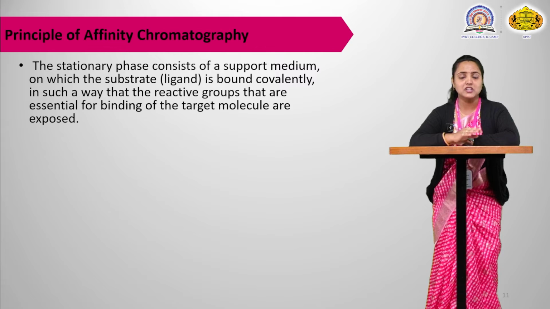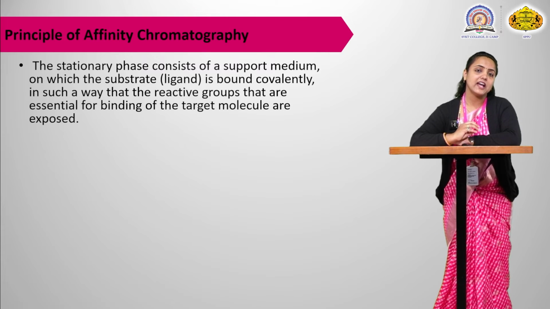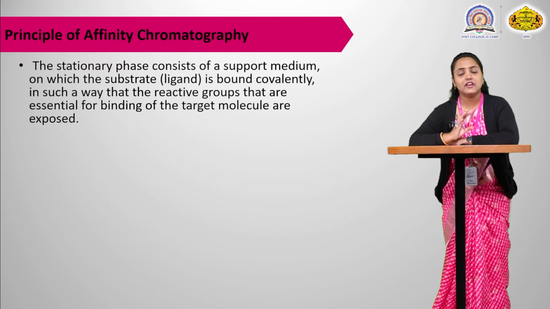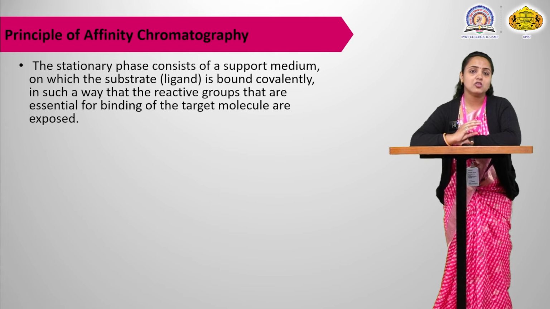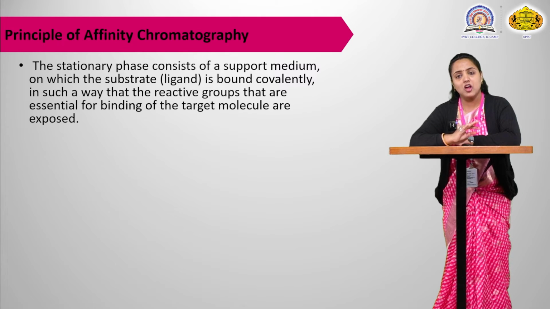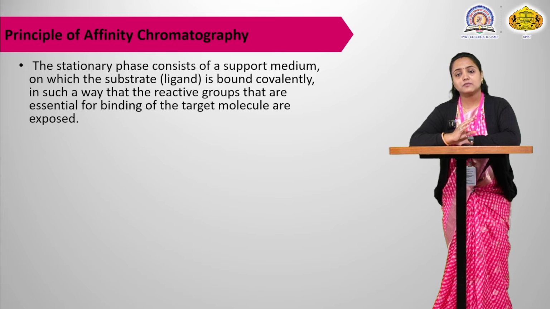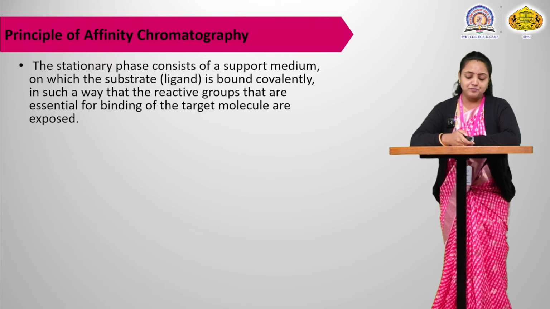The ligand is attached covalently to the spacer arm so that the protein or enzyme of interest can come and attach to the ligand. When there is this binding, the remaining solution is eluted from the column, and by changing the buffer or the ionic strength, you can purify your enzyme of interest.